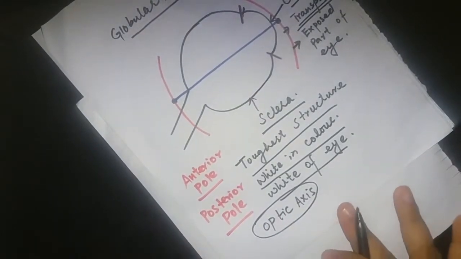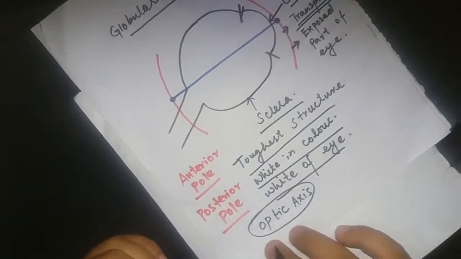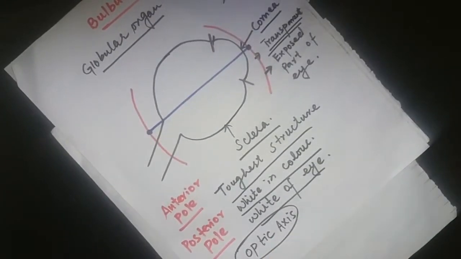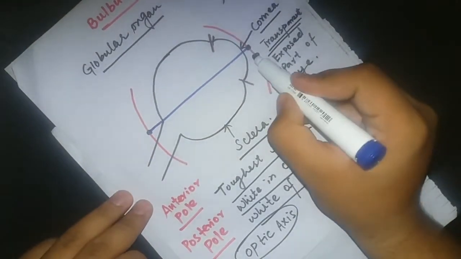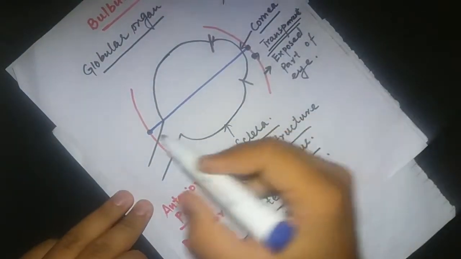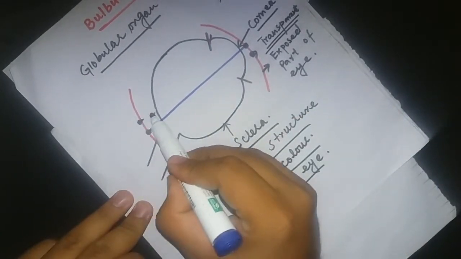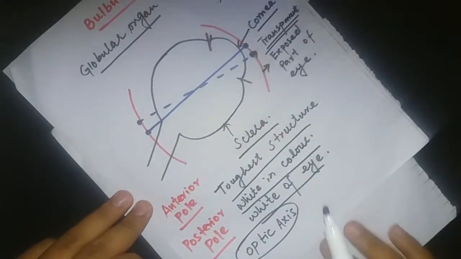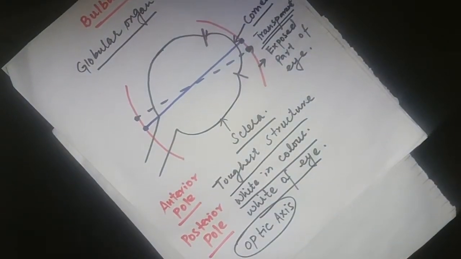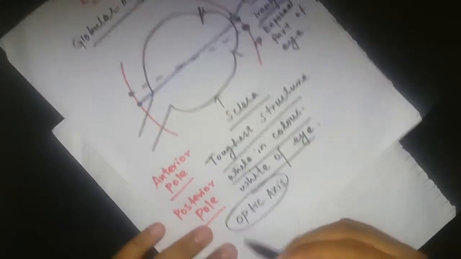Now there is also another axis I will discuss. A little medial to the anterior pole and lateral to the posterior pole, there is also another line, which is called the visual axis.